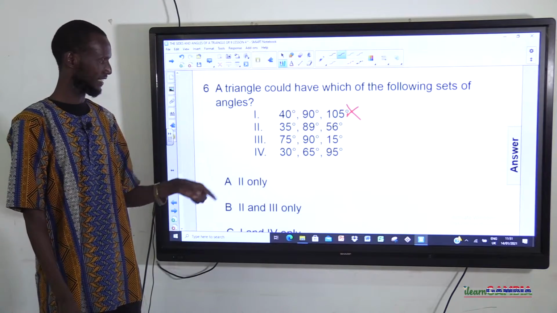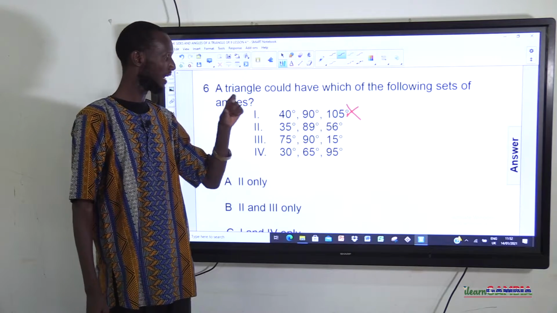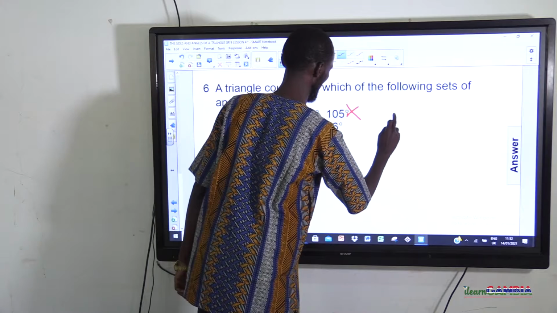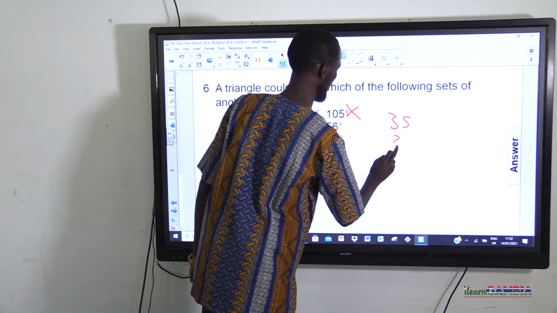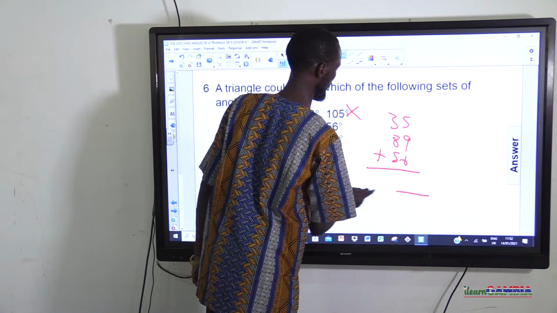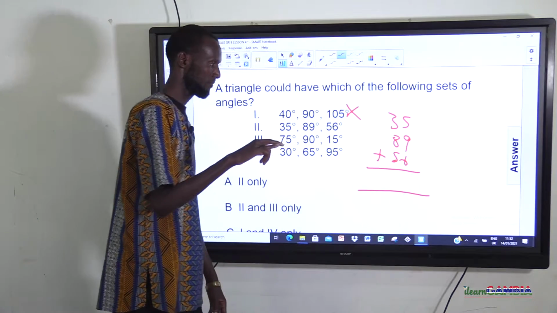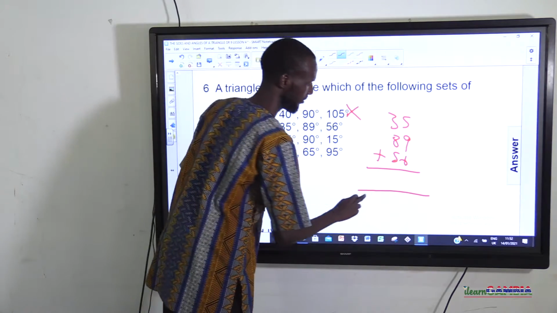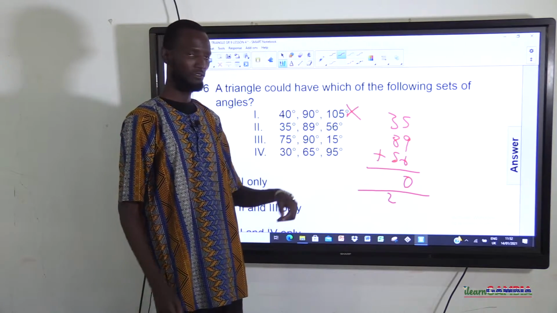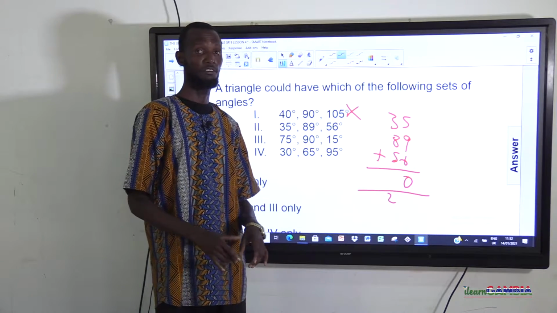Now let's try the next set. And the next set we have is 35 degrees, 89 degrees, and 56 degrees. Let's see. 35, 89, and 56. You add this up. 6 and 9 is 15. 15 and 5, if you add that up, that gives you 20. 0 carry 2. 2 and 5 should give us 7. 7 and 8 should give us 15.